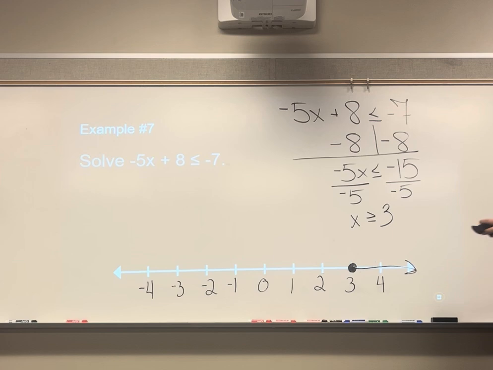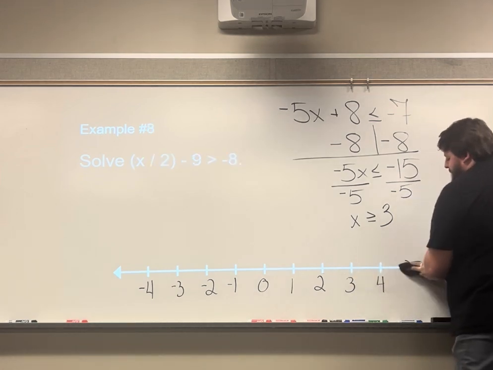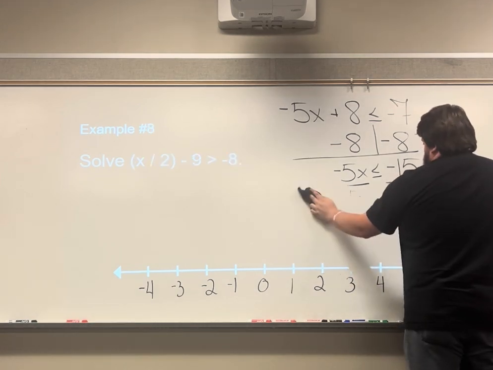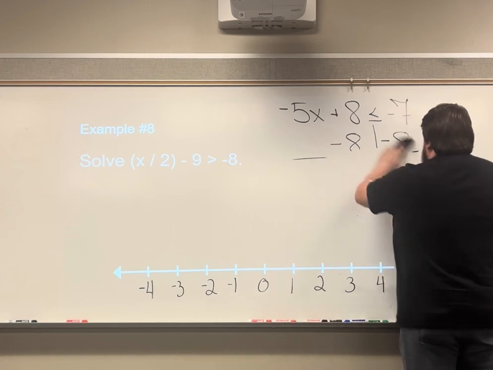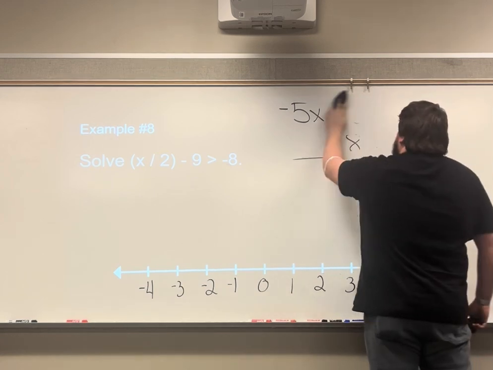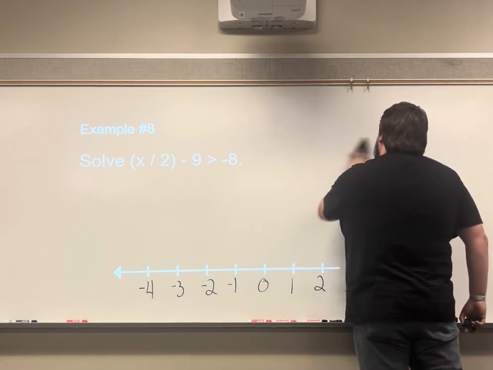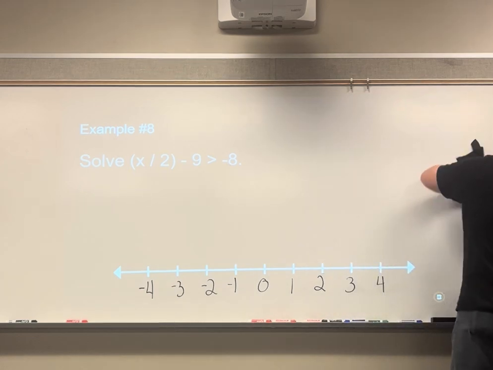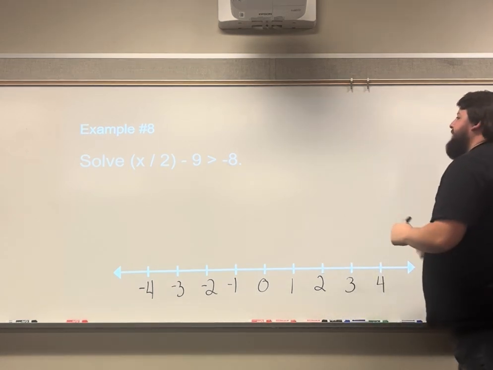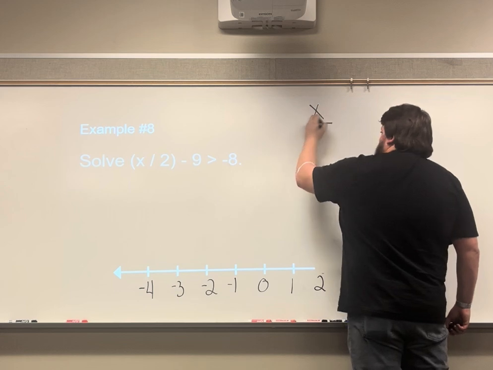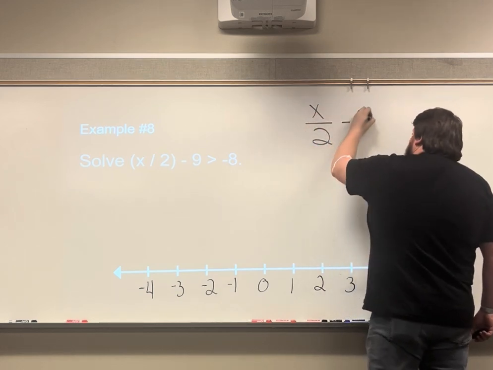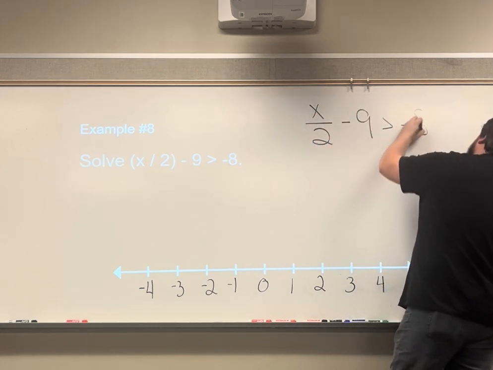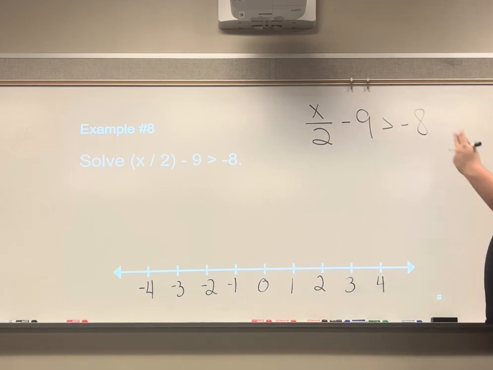That leads me to my last example here, example 8. I have x over 2 minus 9 is greater than -8. I first need to get rid of the constant.